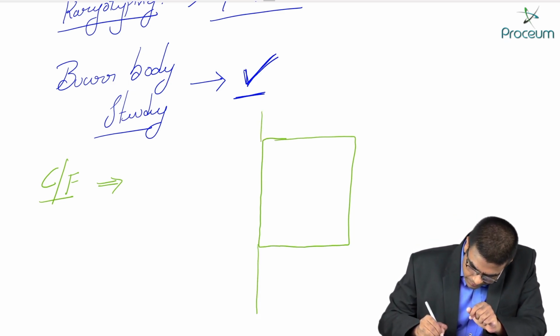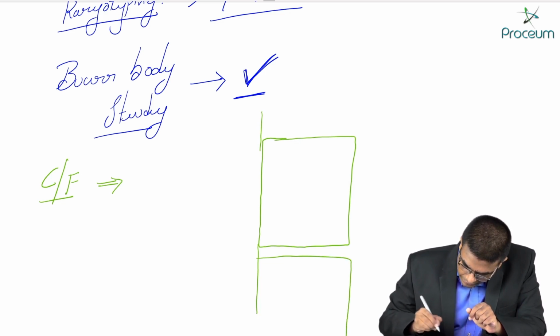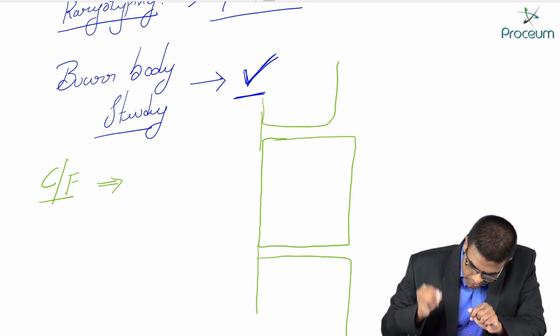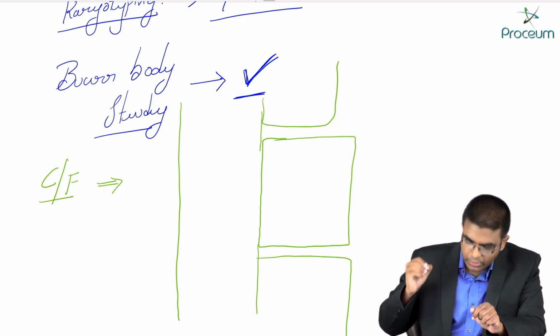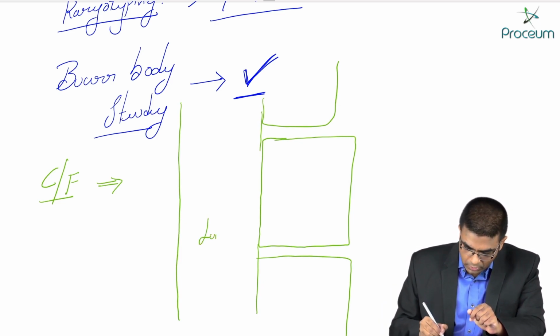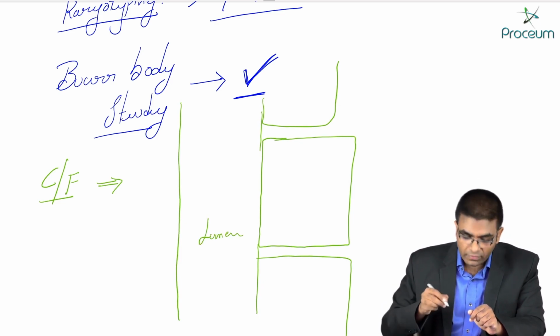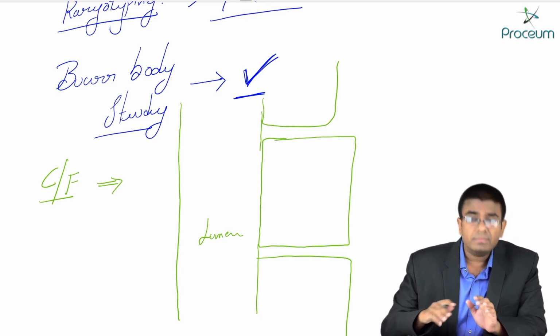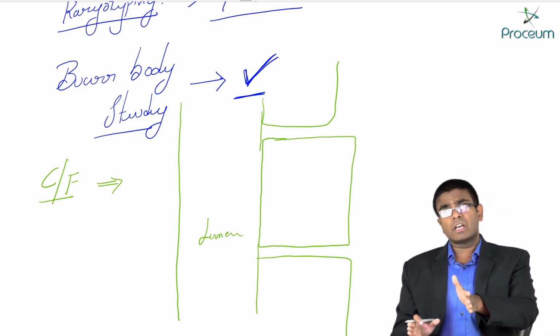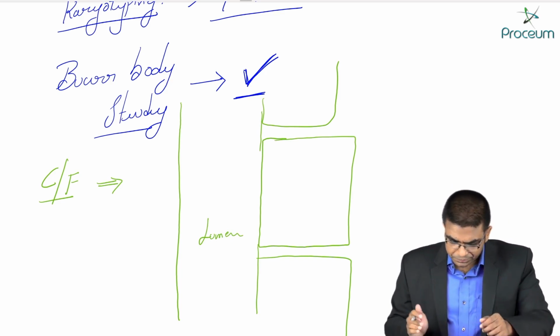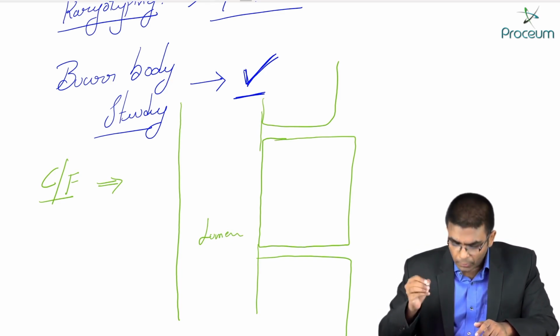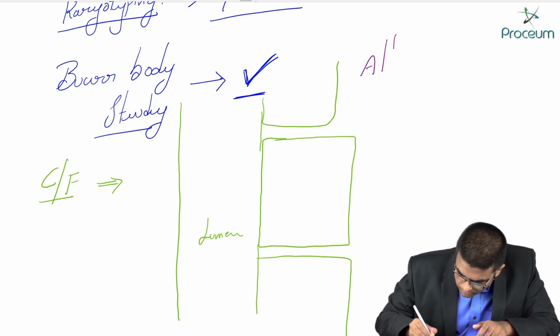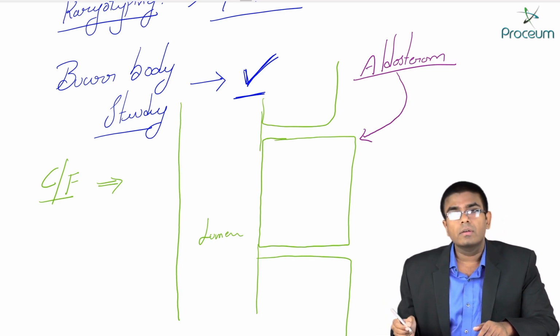Okay, please concentrate. I am showing you the kidney, the last part of the nephron. This is the lumen. This is the last part of the nephron, that is the distal convoluted tubule and collecting tubules. Now please concentrate. What is the function of aldosterone? Aldosterone acts on the last part of the nephron.